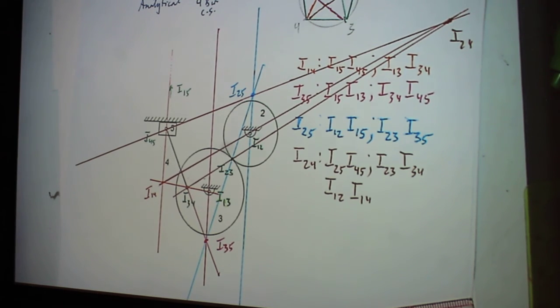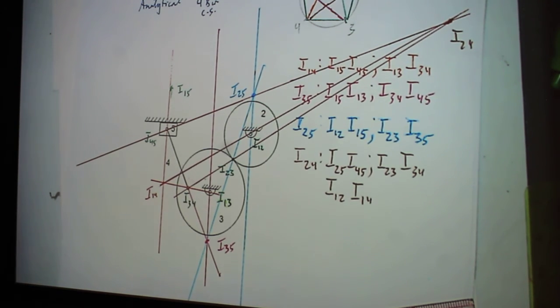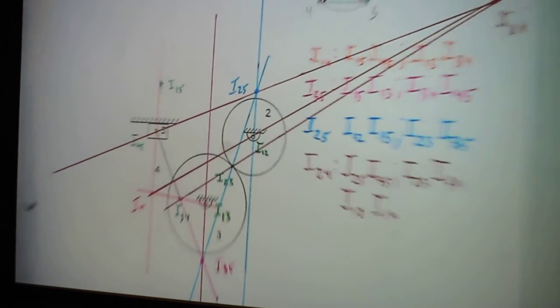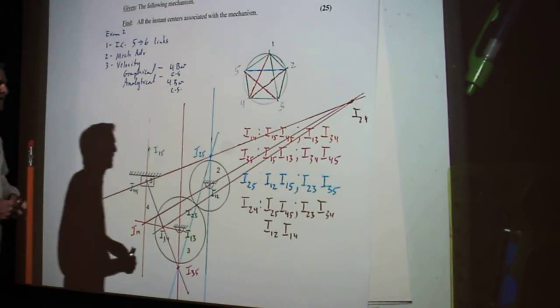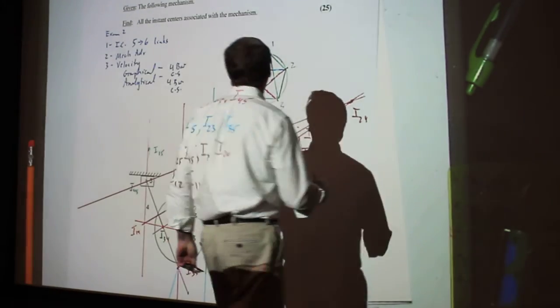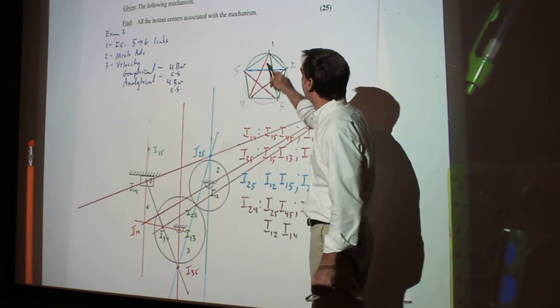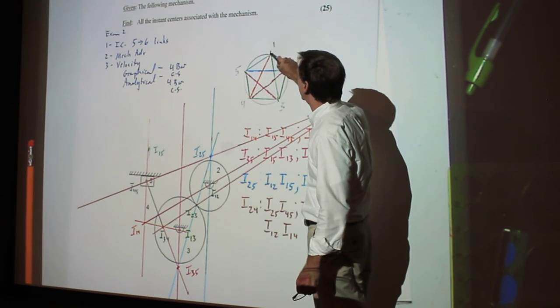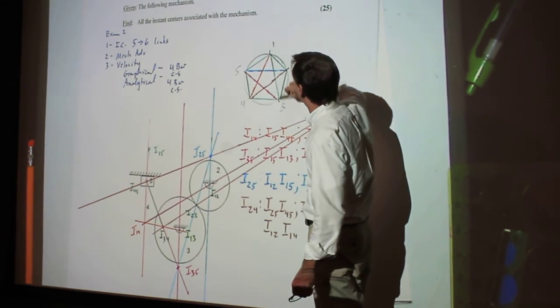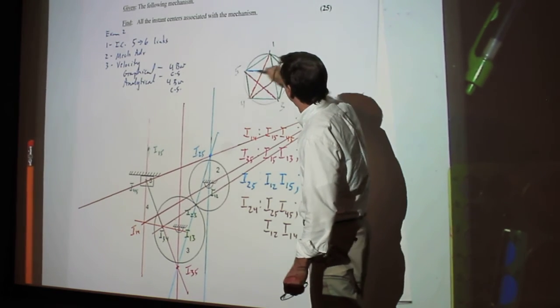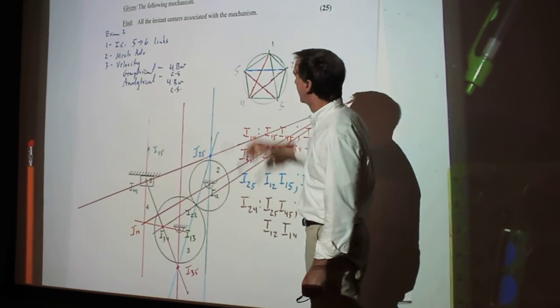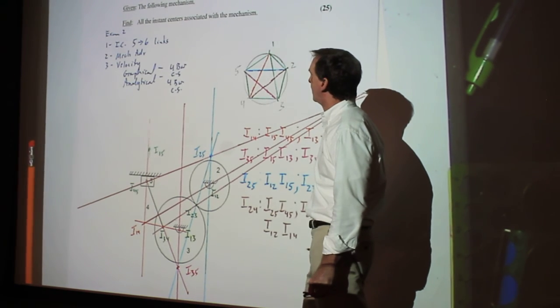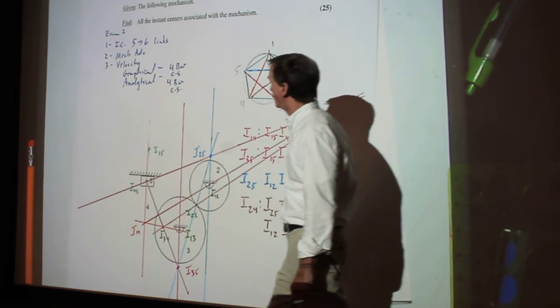The trick, especially with 6 links, is to check that you got all of them. Start at each link and make sure you get lines going to all the other links. You can also use the equation to make sure you have all the ICs.